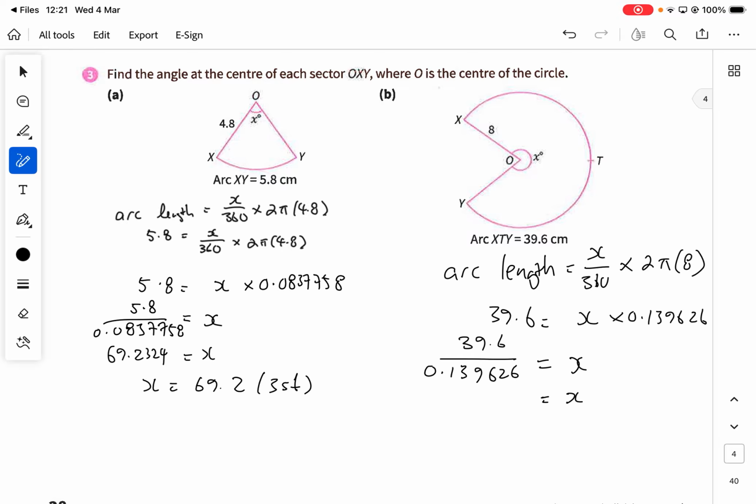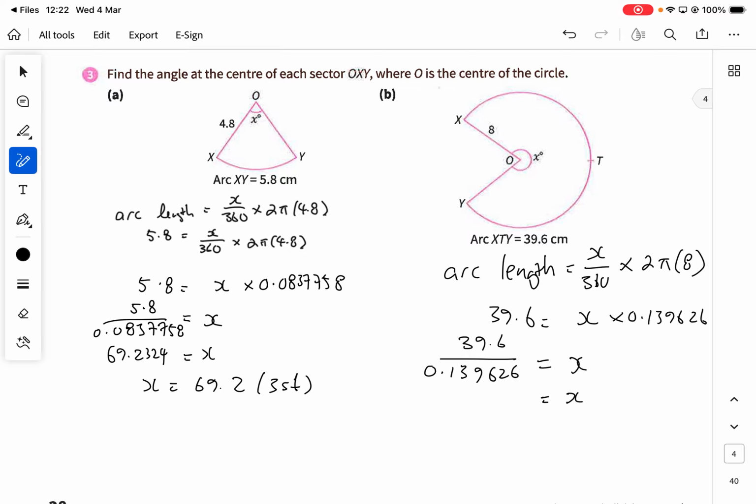Okay. So I pull X out. Then I will have X multiply 2 pi 8 over 360. These two are the same. Because multiply, divide.